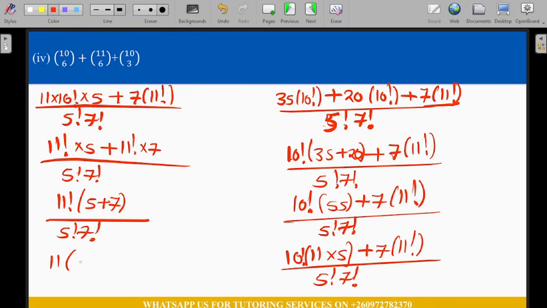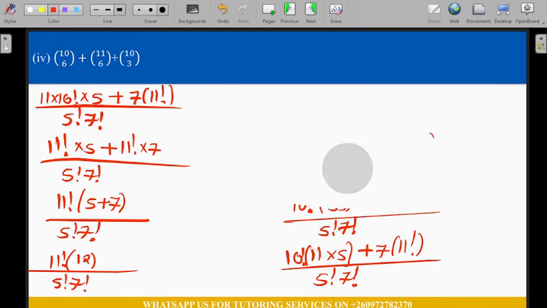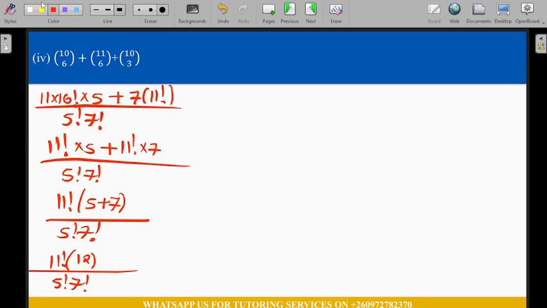So 5 plus 7 is 12, so 12 times 11 factorial over 5 factorial 7 factorial. 12 times 11 factorial can be combined and written as just 12 factorial over 5 factorial 7 factorial.